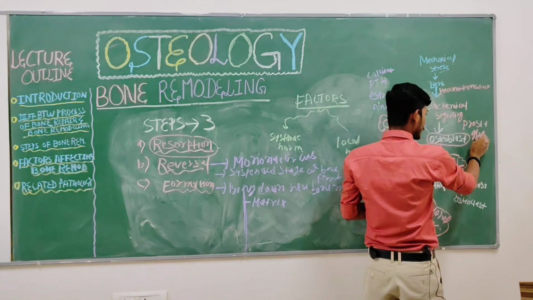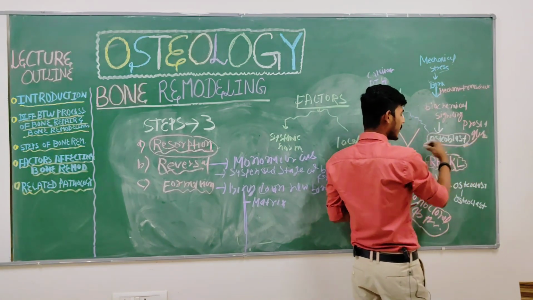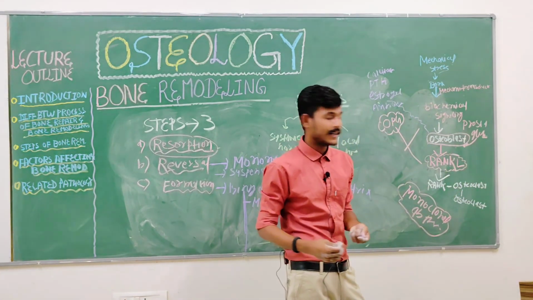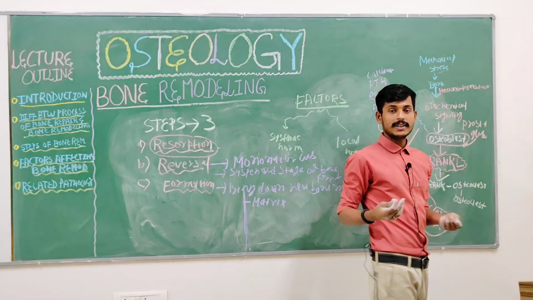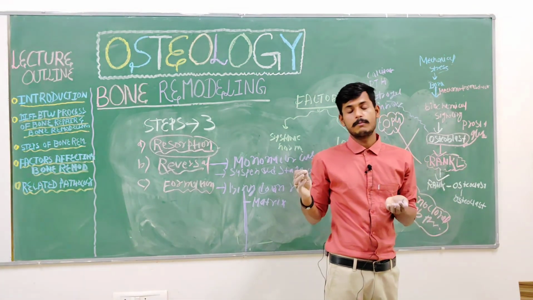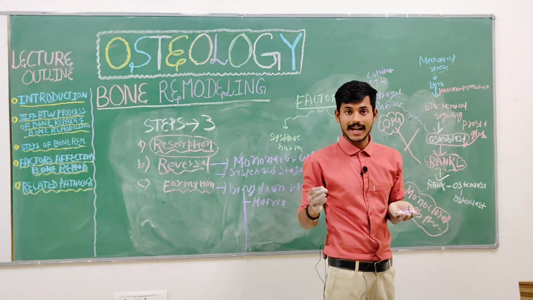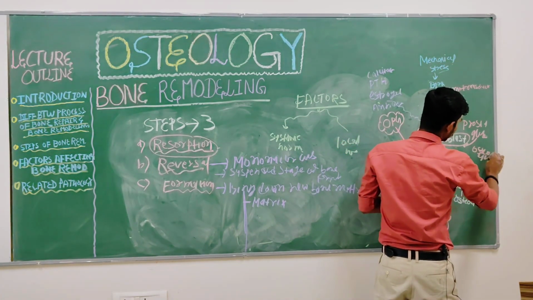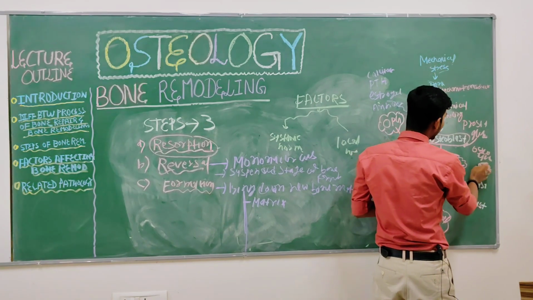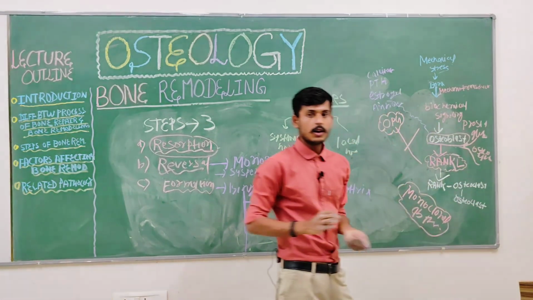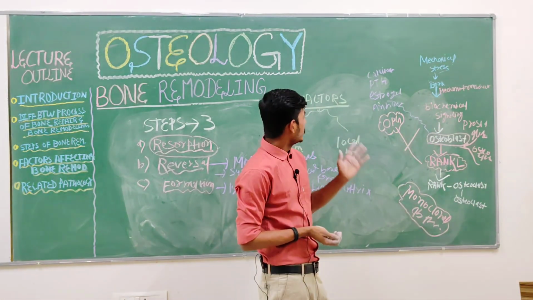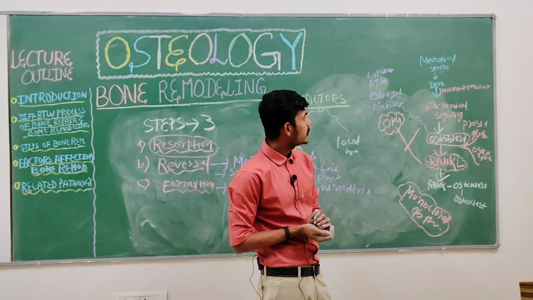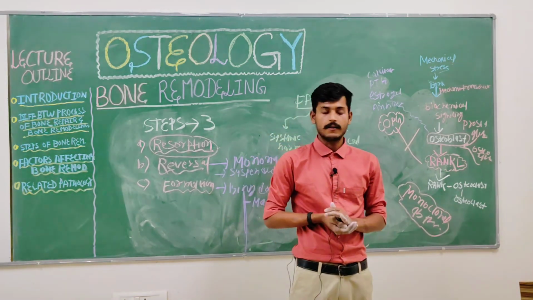Write down, these prostaglandins also give the signal and activate the osteoblast, and your metabolically active master bone cell, the osteocytes. And some of the interleukins also activate the osteoblasts. So these are some of the factors by which bone remodeling can be affected.